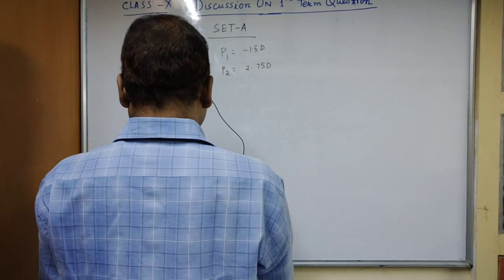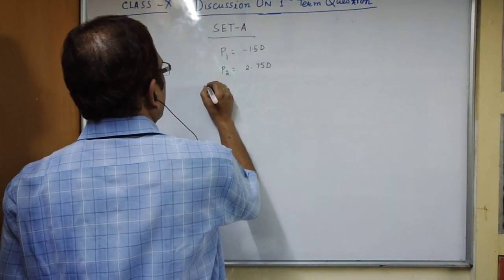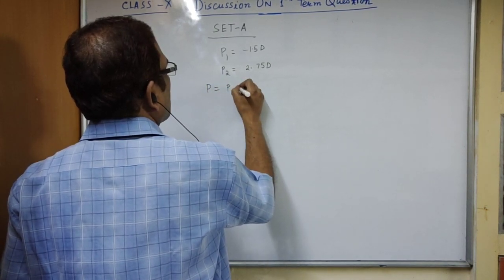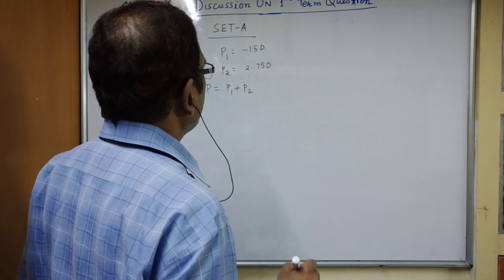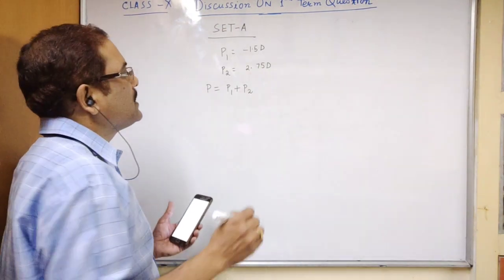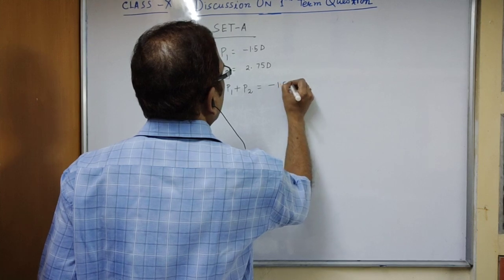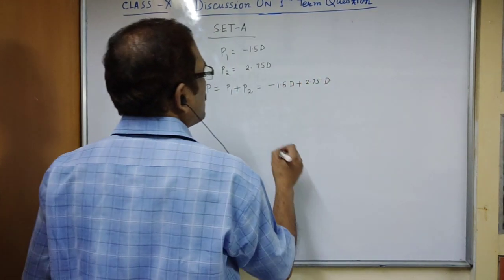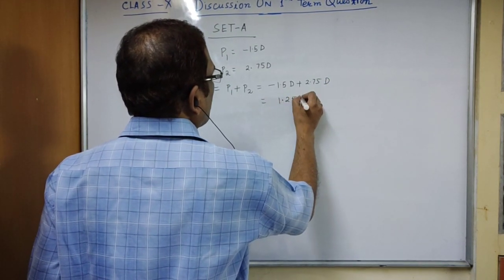We have to find the power and focal length of the combination. If they are placed in contact, as we have discussed earlier in our previous classes, to find the power of the combination, we simply add the individual powers. So it will be minus 1.5 D plus 2.75 D. If you simplify, you will get 1.25 diopter.